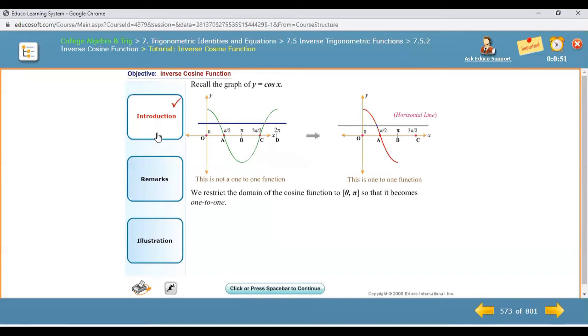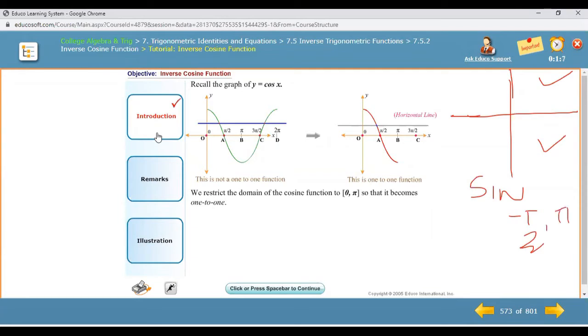Now everything remains the same other than what happened over there for sine. Sine was in the first and fourth quadrants because it was from negative 90 to positive 90. But right now we are dealing with cosine.